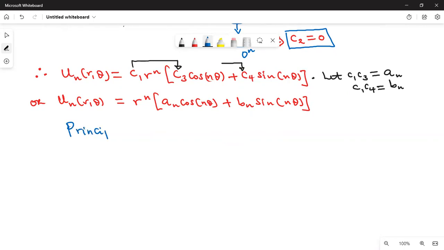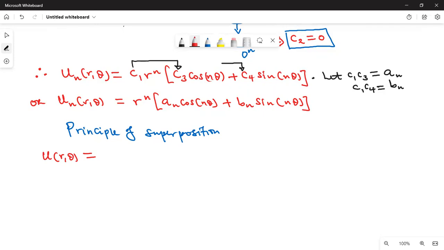So we can write, using the principle of superposition, that our solution U of r theta is simply equal to, of course, here we ought to have said that our n starts from 0. No, not 0. Our n starts from 1 all the way up to infinity.